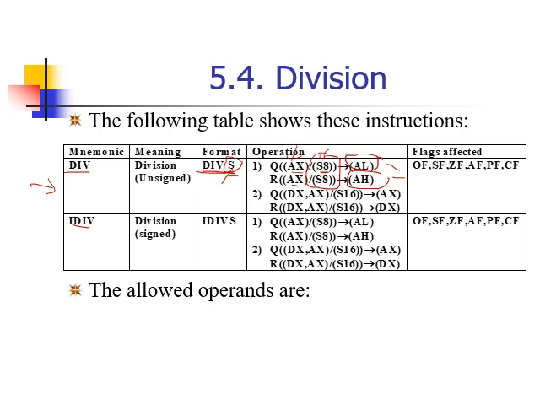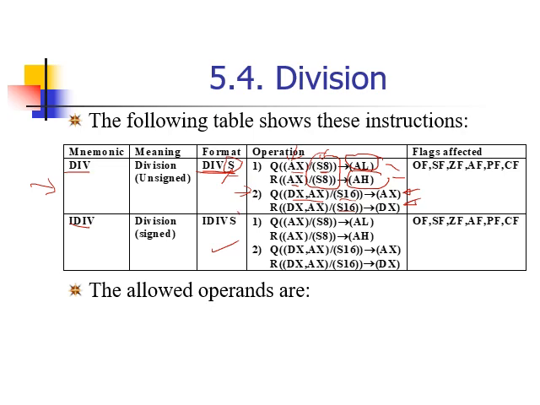If you're doing 16-bit division, you would have to prepare your dividend into DX:AX, 32 bits. Then, as a user, you provide a 16-bit source, which is your divisor. Again, the quotient is placed in AX and the remainder is placed in DX. And you do the same with IDIV.